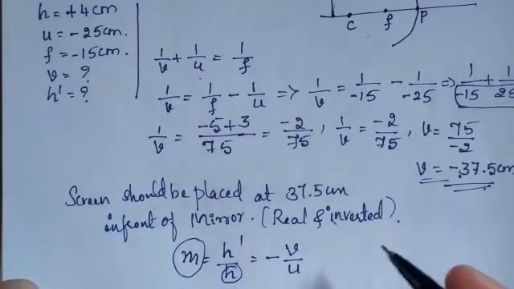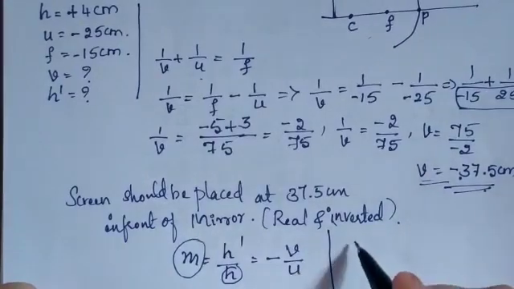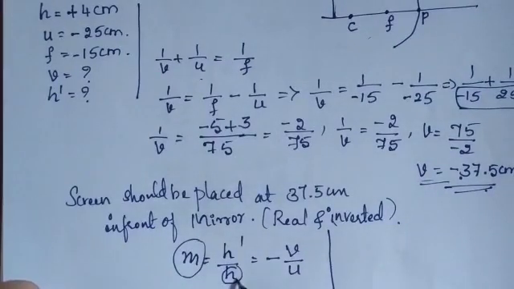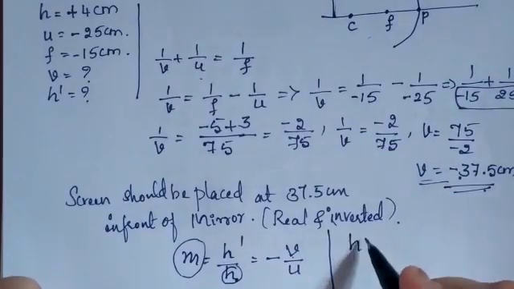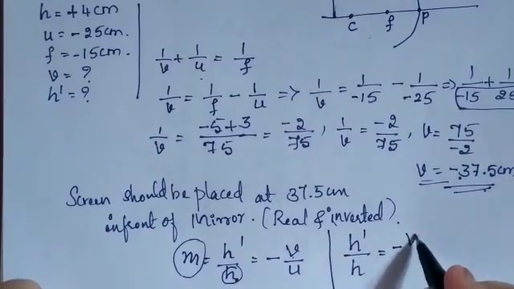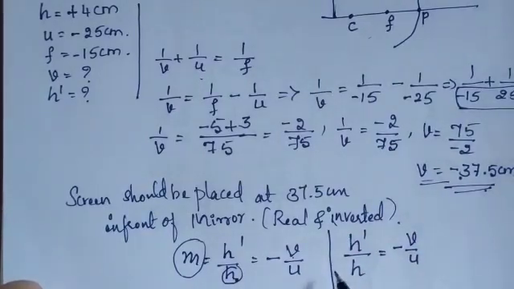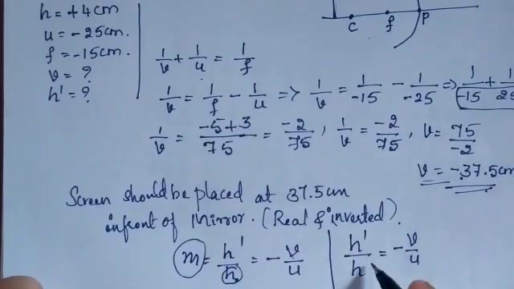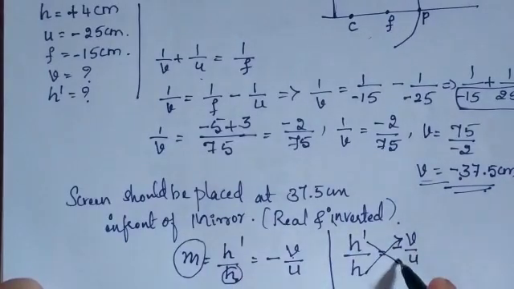So we have to use another formula. What formula can I use? m is equal to h dash by h, and also m is equal to minus v by u. So now let me take that as h dash by h is equal to minus of v by u. Now let me cross multiply this formula.